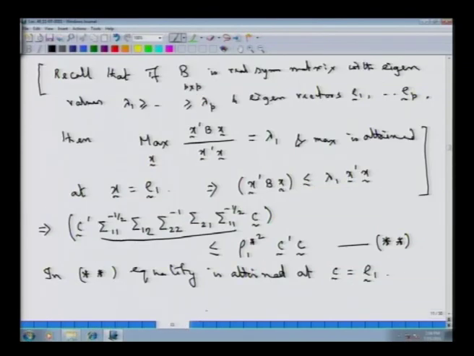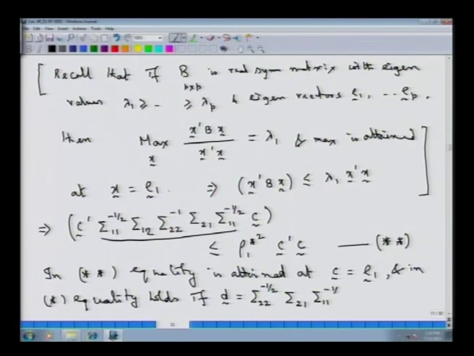So, in single star equation equality holds if we have d equal to sigma 22 to the power minus half, sigma 21, sigma 11 to the power minus half times E1.